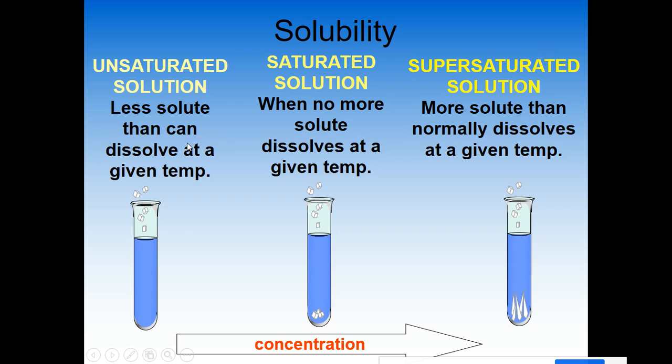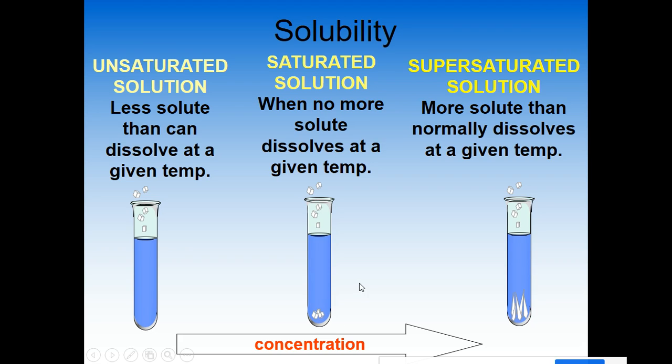You put some sugar into the iced tea, and if you were to add more sugar, and that's what's shown in this picture here, it would continue to go into solution because more can be dissolved. So an unsaturated solution just has less solute than can be dissolved at a given temperature.